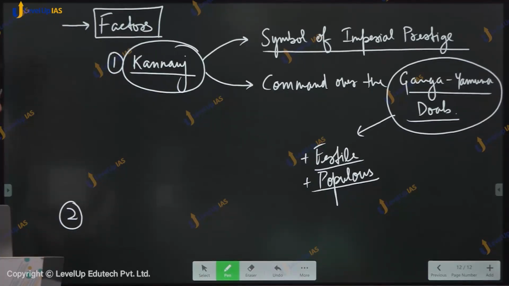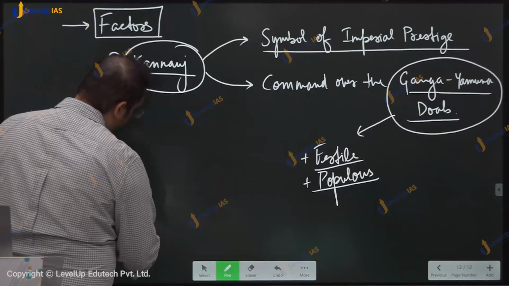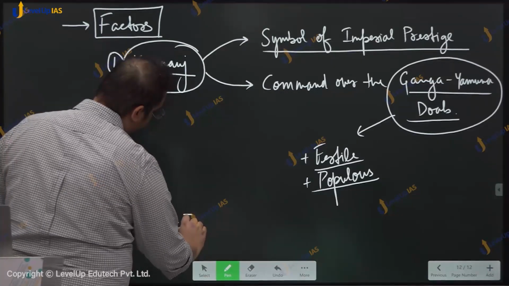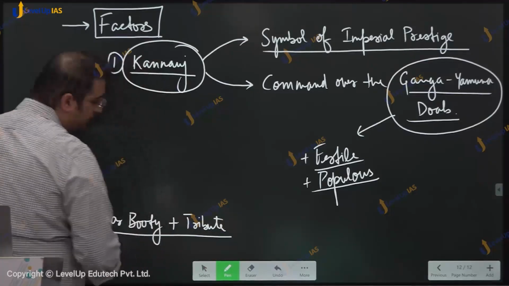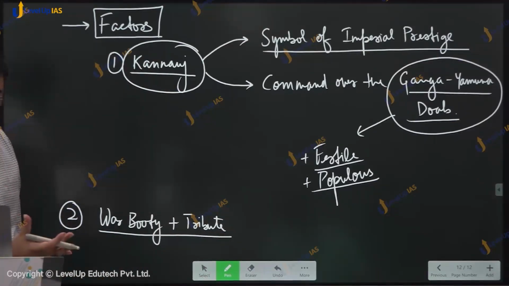Okay, war booty. So they were fighting for war booty and the right to collect tribute. This would have strengthened them and weakened their opponents. Okay.